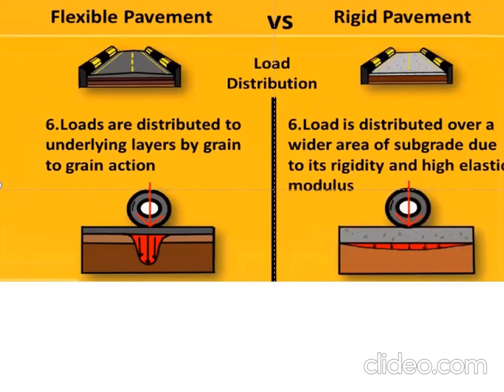So even though it is a structural layer, it doesn't take all of the load. While when you construct a pavement with PCC, Portland cement concrete, all the load is taken by that. So there is very little transfer to the subgrade. That's why we call the stress distribution uniform.